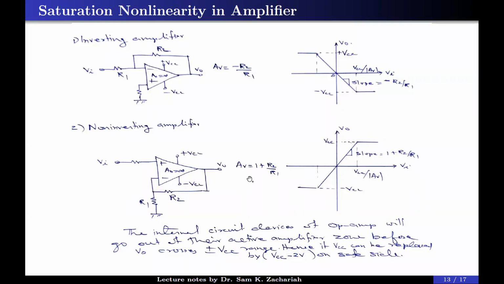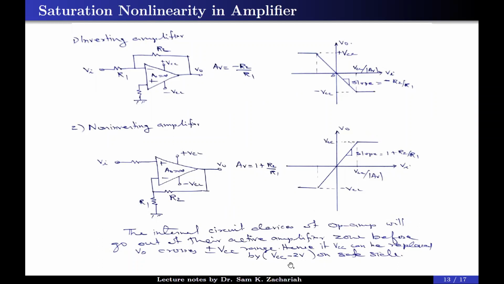The gain is 1 plus R2 by R1, and you will get this. But for practical purposes, you will not go up to plus VCC or minus VCC. Some offset will be there. That is the output stage, where some voltage will be dropping across the transistor. For the safety side, I am taking some.